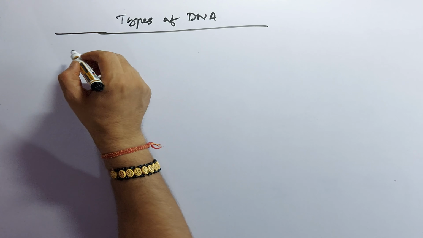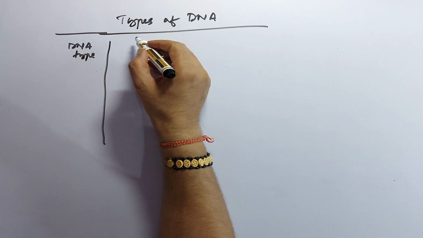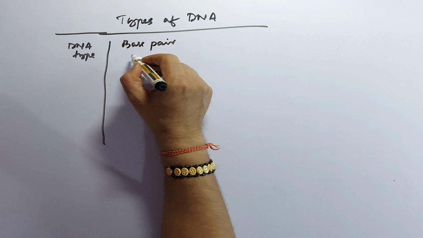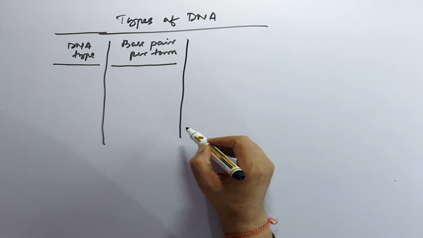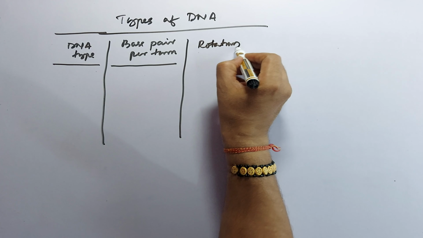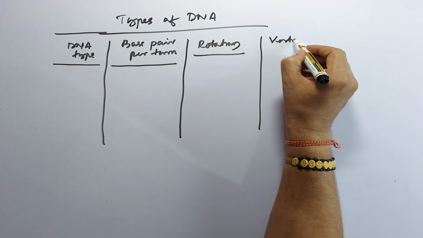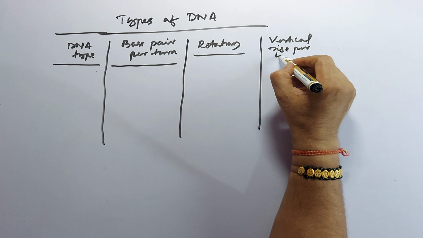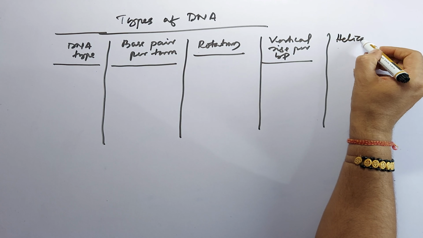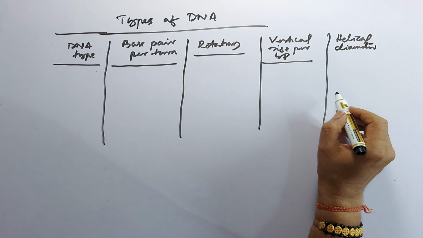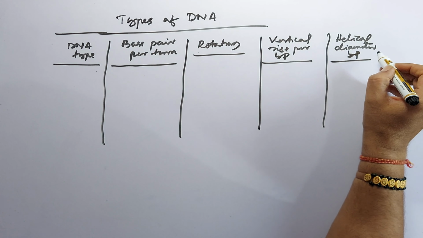So this is DNA type, then base pair per turn, then we can write rotation, then vertical rise per base pair, and helical diameter. These are the different parameters.